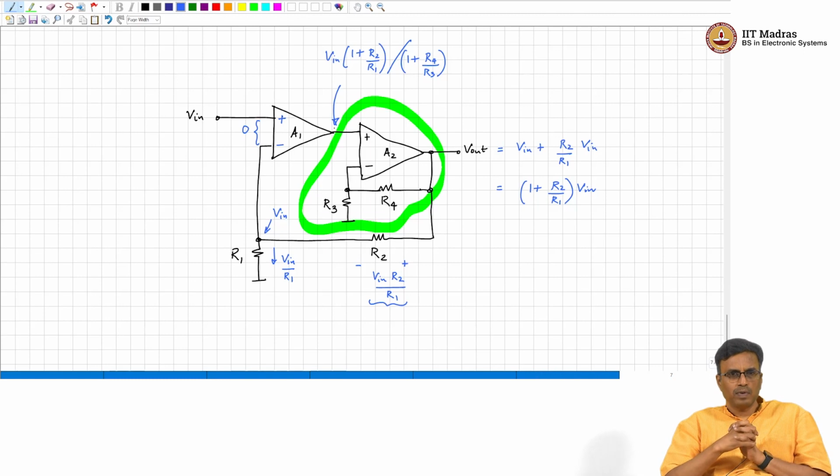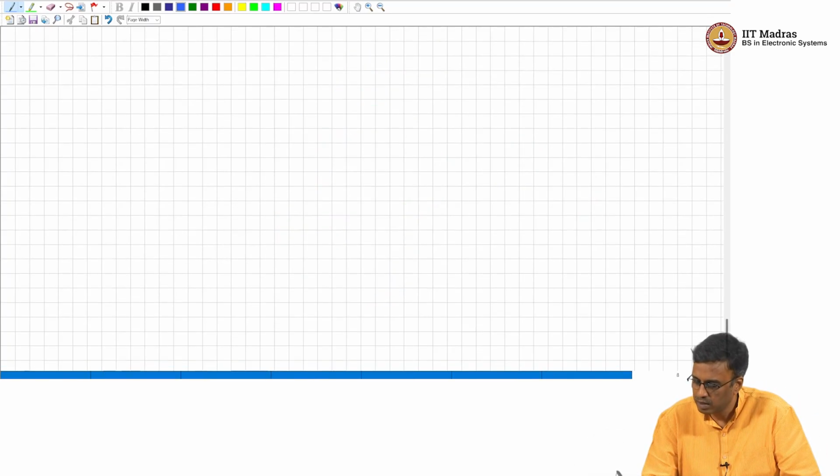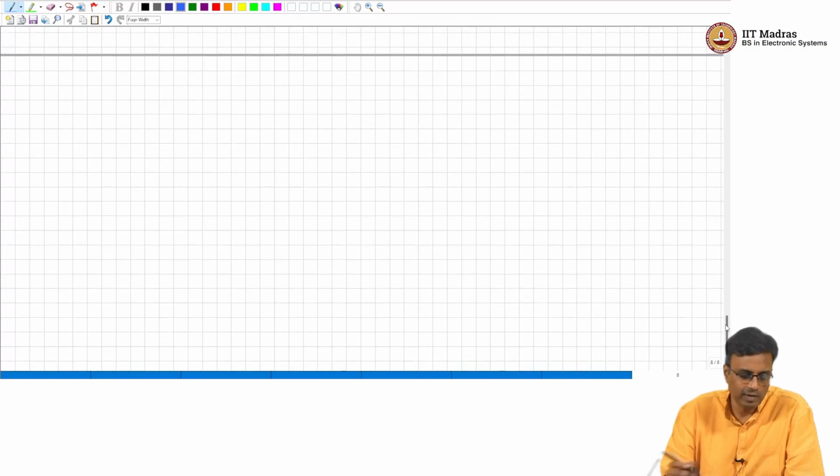And it is very easy to check whether there is negative feedback around the op amp or not. You break the loop and then you figure out whether the feedback is negative or positive. So, let us take one final example.